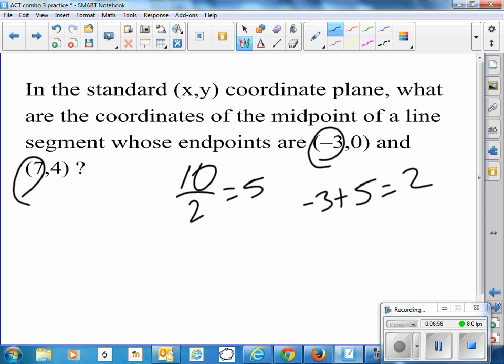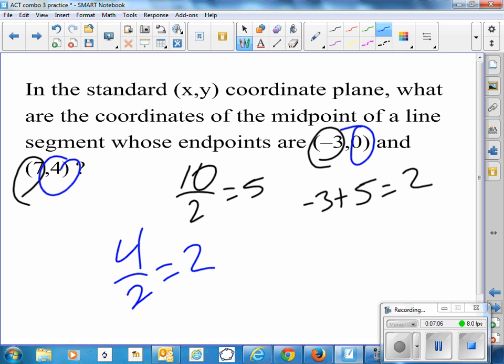Well, the distance for the y's between 0 and 4, that distance is 4. Half of that is 2. So if I start at 0 and go 2 towards 4, that is at 2. So this one is the x, this one is the y.